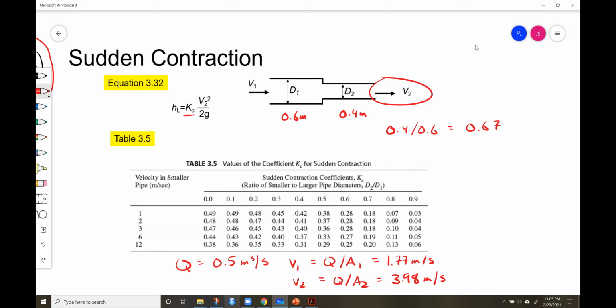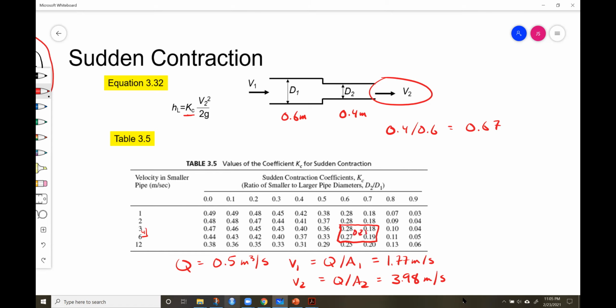Okay. So velocity in the smaller pipe is somewhere between 3 and 6, right? It's 4. So we're going to be somewhere in this area, and then our ratio is 0.67. So it's going to be somewhere between 6 and 7 and 3 and 6. All right. So we could do an actual linear interpolation and come up with a number, but for our intents and purposes, we are going to just use a value of about 0.21.